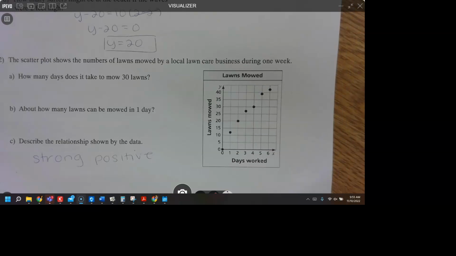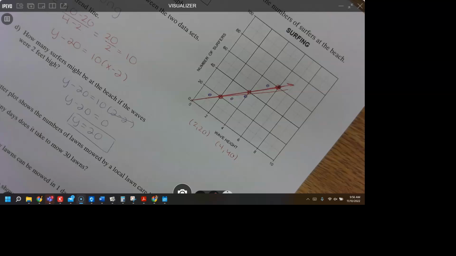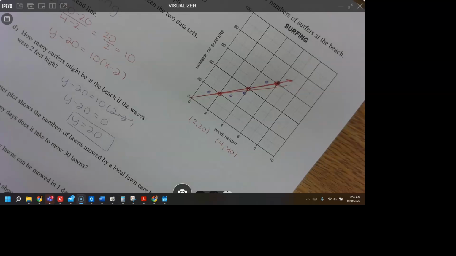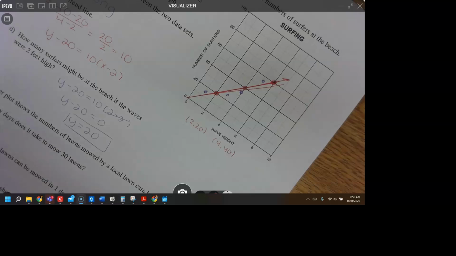So what you want to do is draw in a line. Okay. And then I want to find the equation of my line.